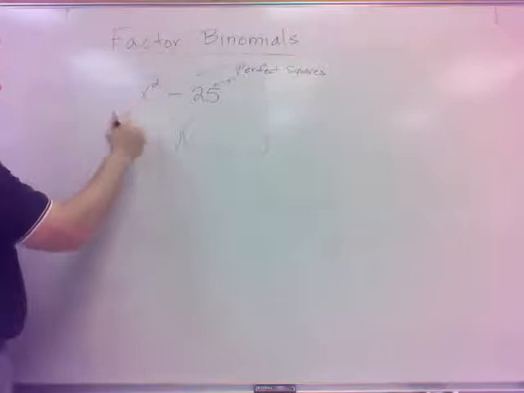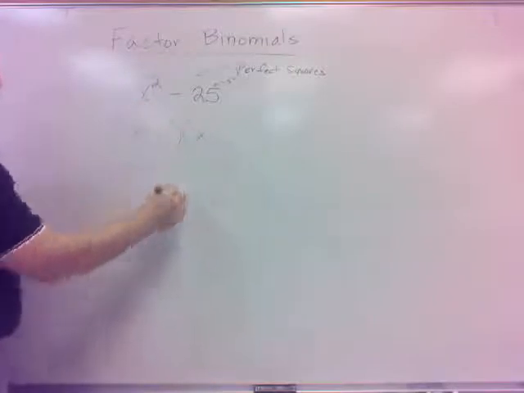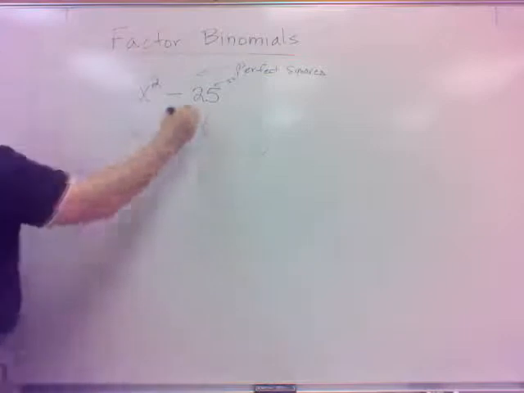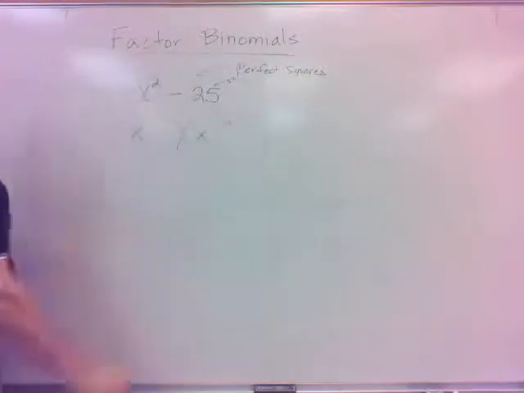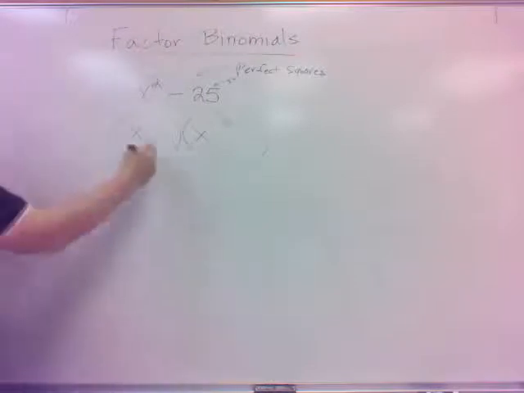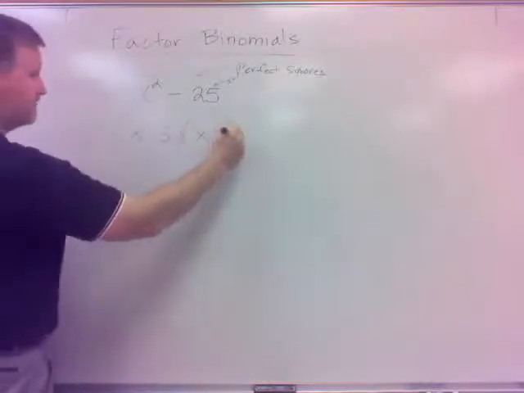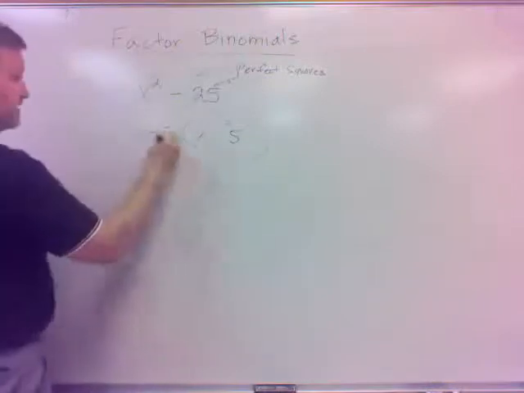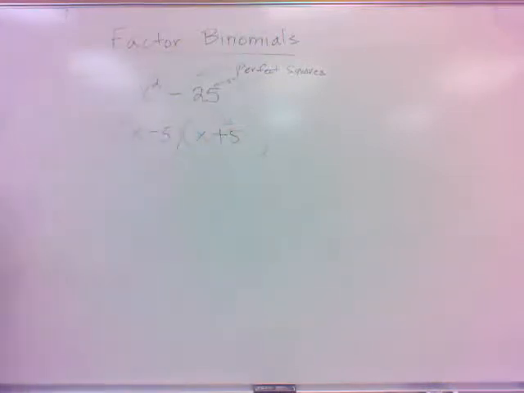I've got x squared, well that's x and x. Then the other parts, of course, come from 25, and you're going to want to split that up. We said it was a perfect square. We want to factor it up accordingly as 5 and 5. It's a minus 25, so one needs to be a minus, the other needs to be a plus.